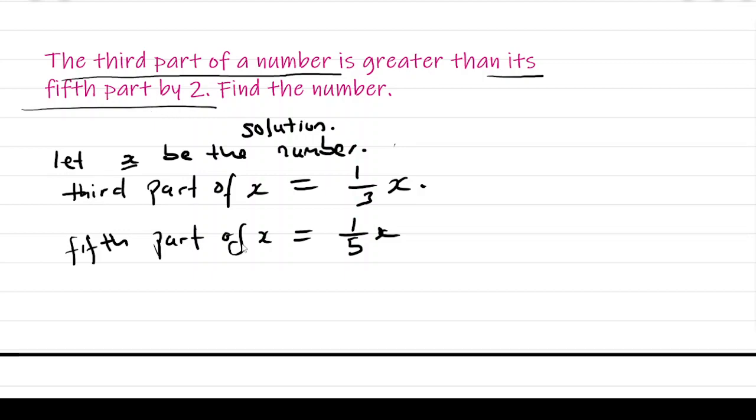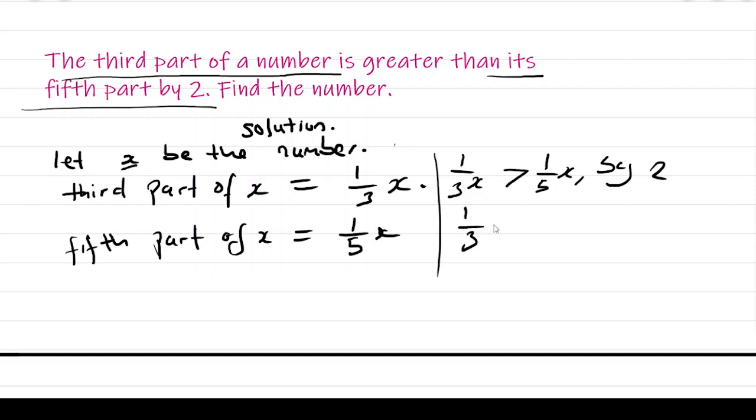By what? By 2. So now we have that the third part of x is greater than its fifth part by 2. So just like before, this should tell us that 1 over 3x should equal 1 over 5x plus 2. So this is the word problem equation that we need to solve this problem completely.